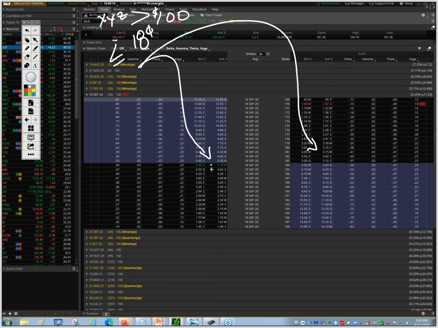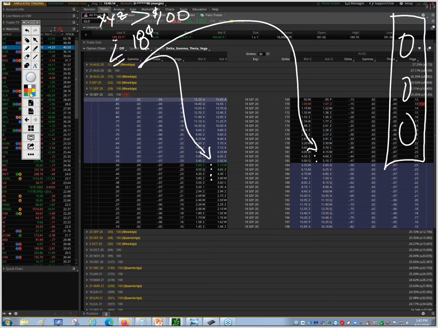But we're looking at the bid offer here on these calls and puts that are closest to expiration. And if it is less than or equal to 18 cents, we've got our stoplight here to follow along with the deal. That would be a green light.